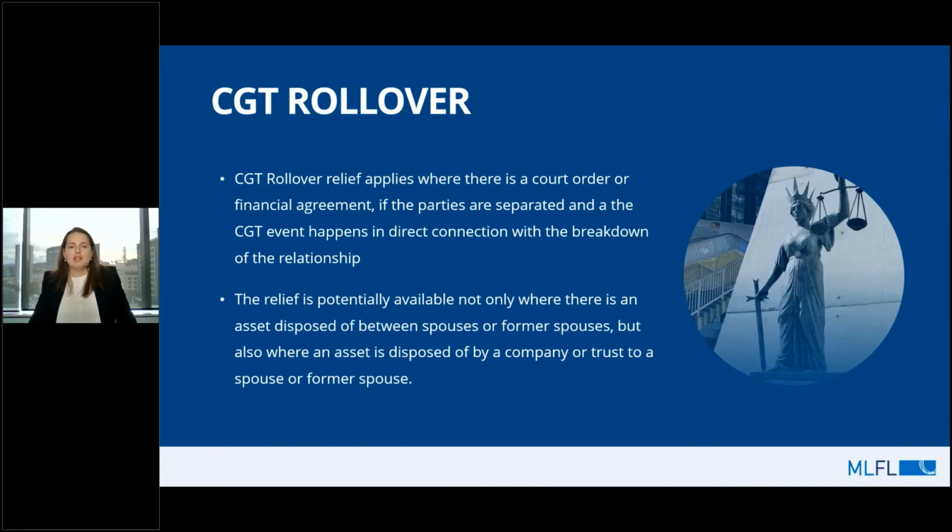The identification of a CGT event in the transactions proposed to be part of the property settlement matters is absolutely necessary. This could impact whether or not the parties decide to retain or dispose of properties as part of that process. And if it's disposed of, then they can crystallise and share the CGT liabilities between them there and then.